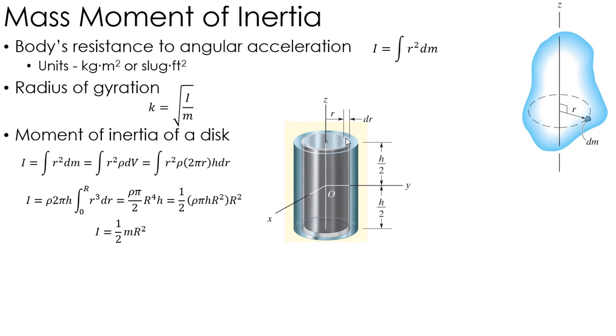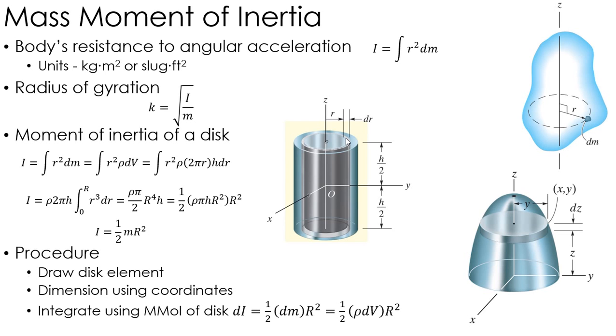Okay, so now we're going to use that moment of inertia of a disk to figure out any volume that I have. Like before, we just draw a disk element, figure out its radius, figure out its thickness, so I can find the volume, dv. It's generally going to be pi r squared times the thickness, dz or dy or dx, whatever. Then I'm going to integrate this, but I'm not going to use the equation up here. I'm going to use my disk.